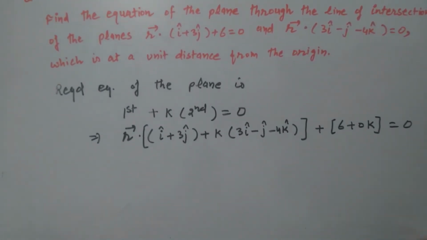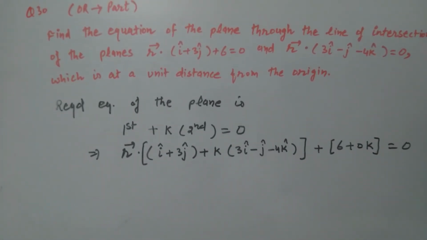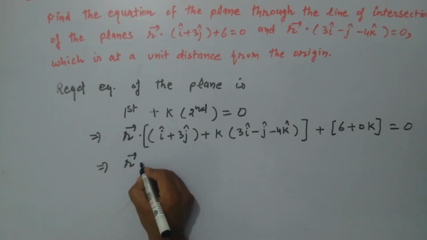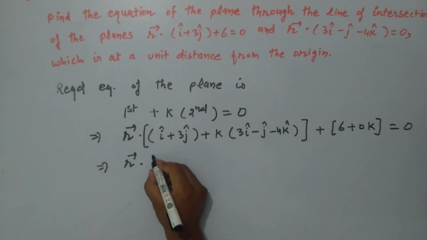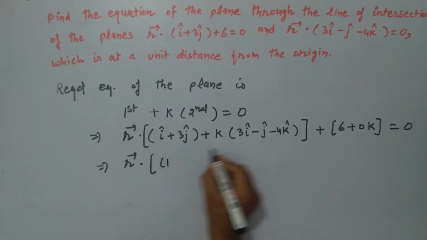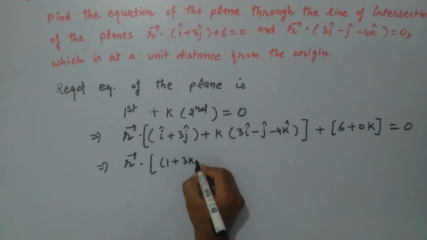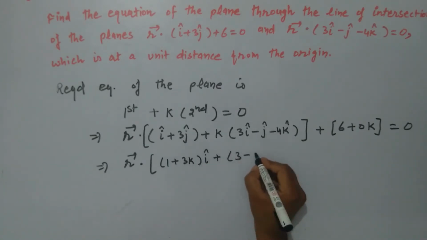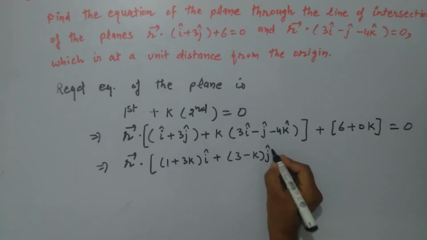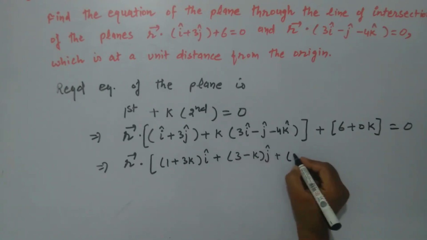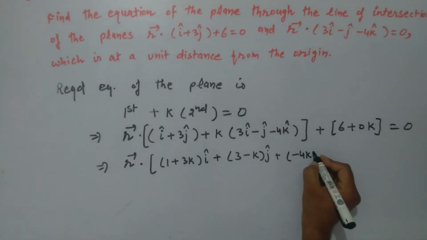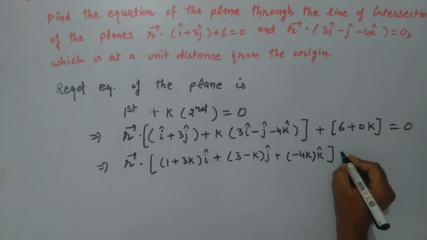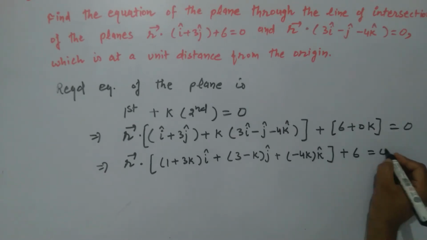So next we have, this means r dot we have 1 plus 3k i cap plus 3 minus k j cap plus minus 4k k cap plus 6 is equal to 0.